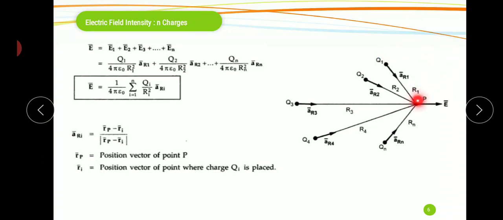These are the two vectors rp and ri, and the resultant of these two vectors gives a bar ri. We discussed in the previous class how we write the unit vector in the case of position vectors. Simply, r bar p is the position vector of point P, and r bar i is the position vector for charge qi. So this is the electric field intensity in the case of n charges.